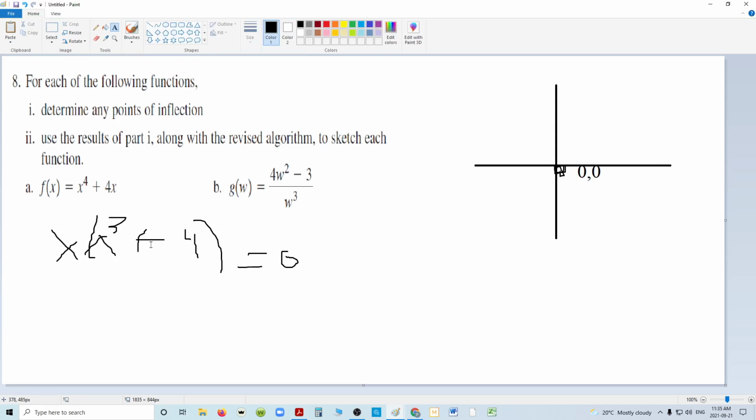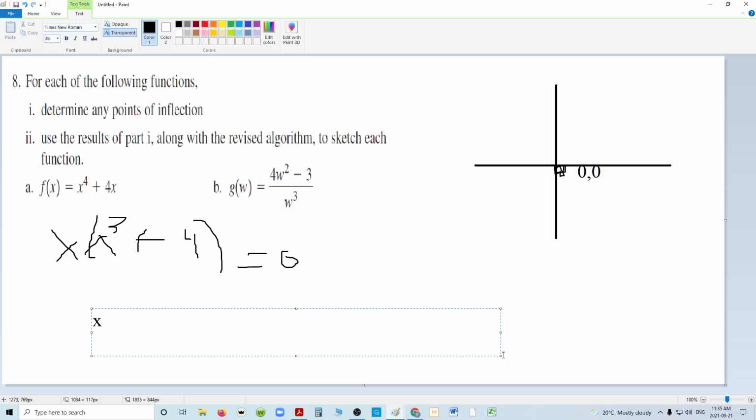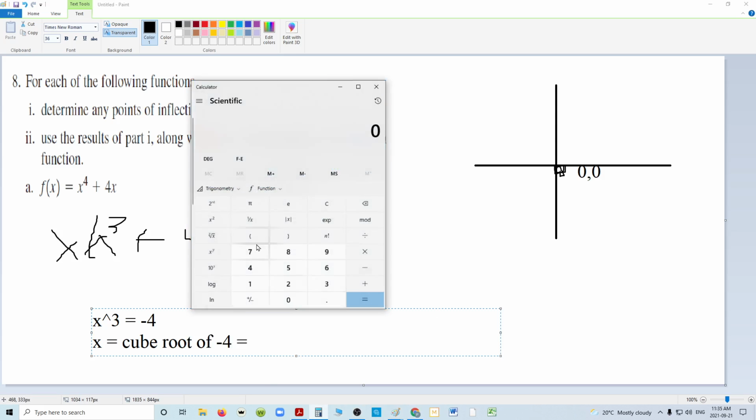What else can we say? Well, when does x cubed plus 4 equal 0? Well, when x cubed is equal to minus 4. So when x is equal to the cube root of minus 4, which is equal to what? What's the cube root of minus 4?